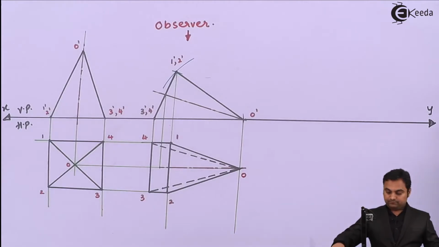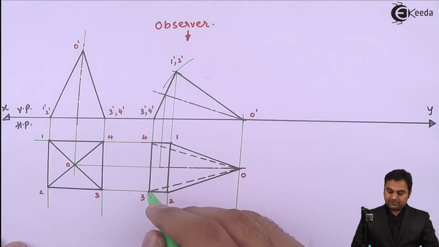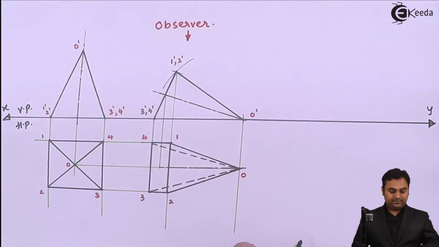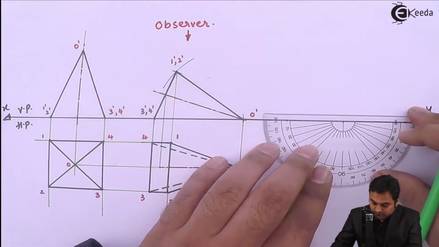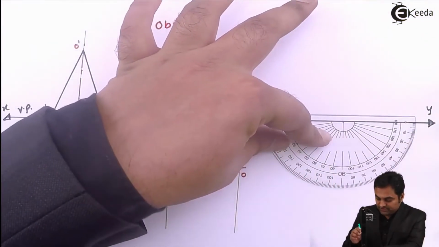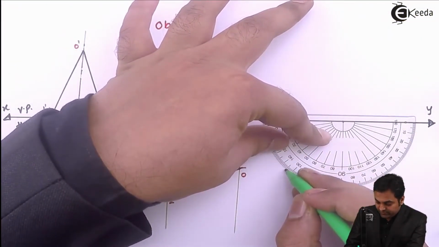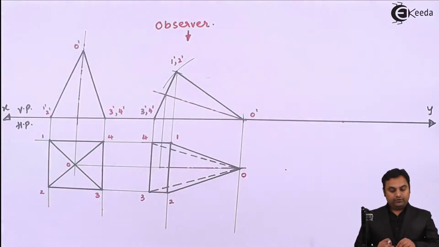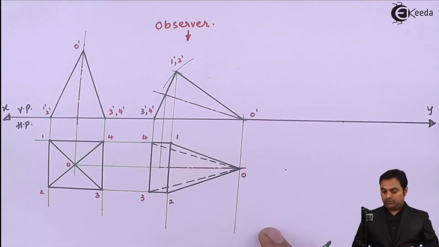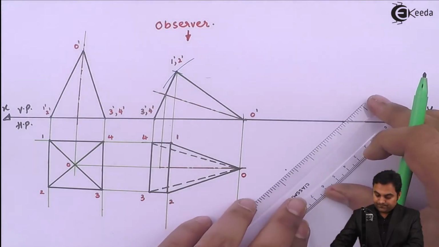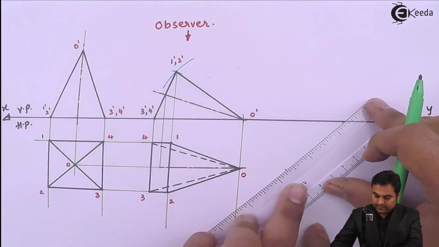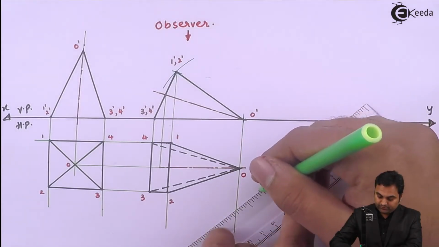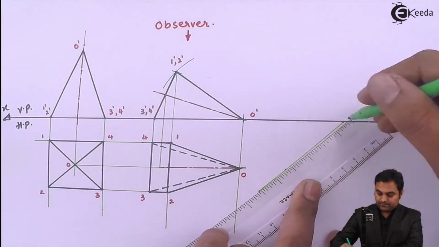So here I need this base edge to be made inclined, measuring an angle of 45 degrees as given in the problem. So 45 degrees with respect to VP will be seen in HP, and the apex should be nearer to the observer, which is mentioned in the question.